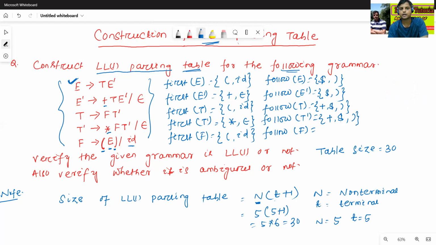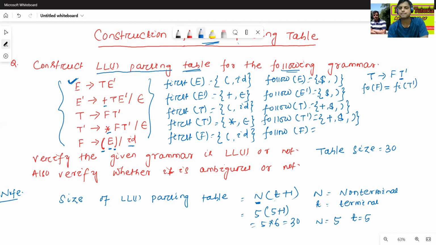Now we'll find follow of F. Where is F on the right side of the production? T → F T prime, and T prime → star F T prime. There is something on the right side of F, so follow of F means first of T prime.